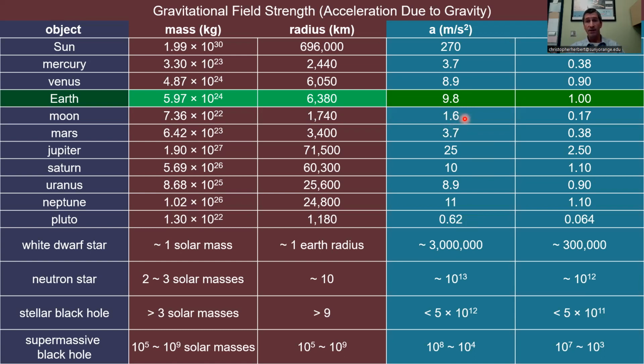On the moon, it's about 1/6 the gravitational acceleration as it is on Earth. Pluto being very, very low in mass, even lower in mass than our own moon, you would experience a force of gravity that was less than 10% of what we have on Earth.